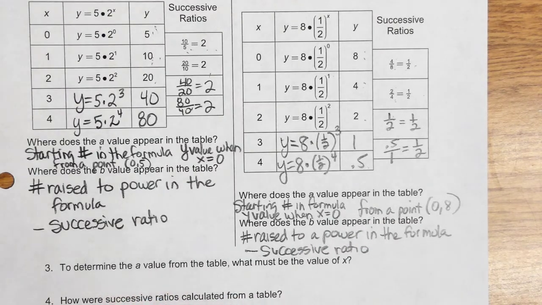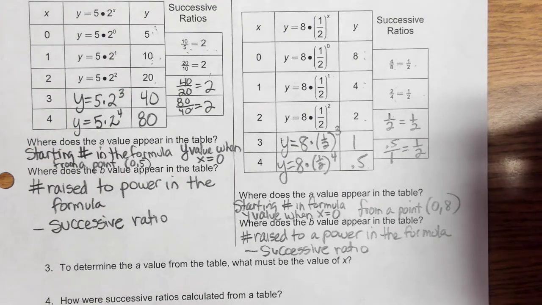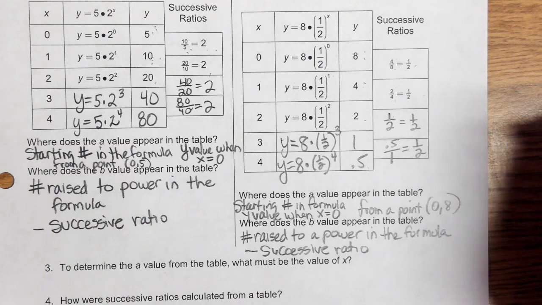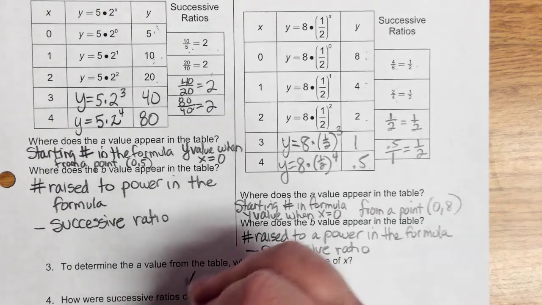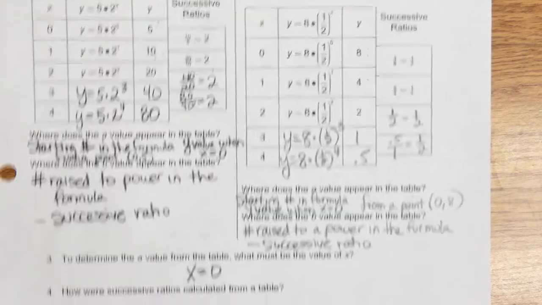Okay. All right, to determine the A value from the table, what must the X value be? What must your X value be? 0. Right. It's where X is equal to 0.